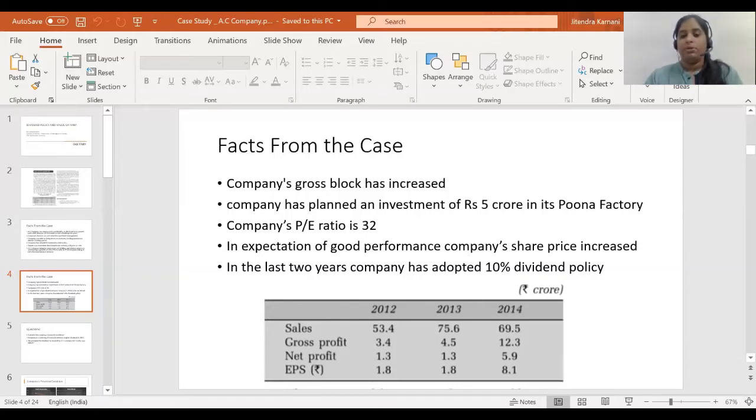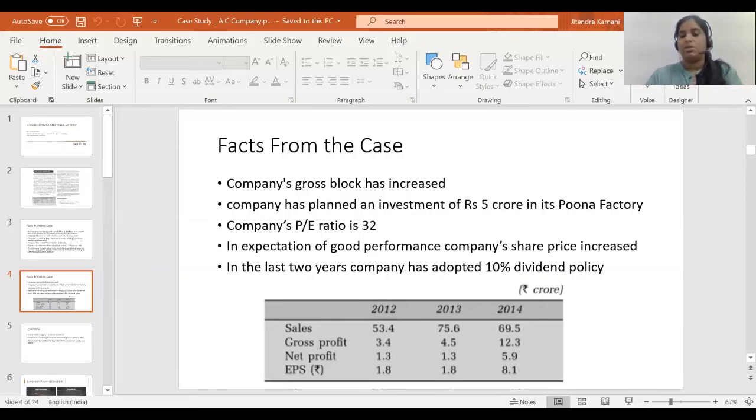For example, PE ratio is 10 times. PE ratio is always in times, correct? If PE ratio is 10, it means an investor is ready to pay 10 times of its share price for earning rupee 1. From earning a profit, the investor is ready to pay 10 times more. So that is the meaning of PE ratio.